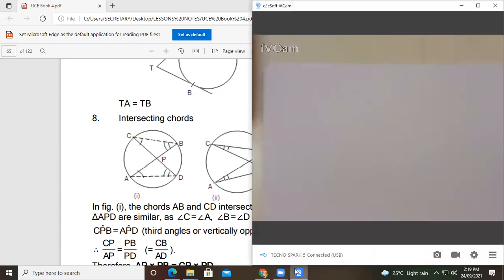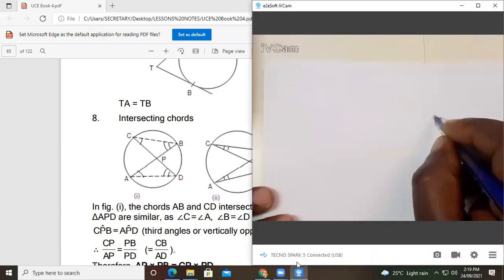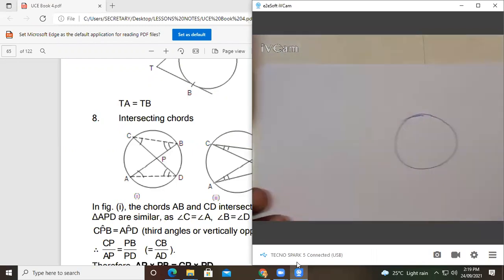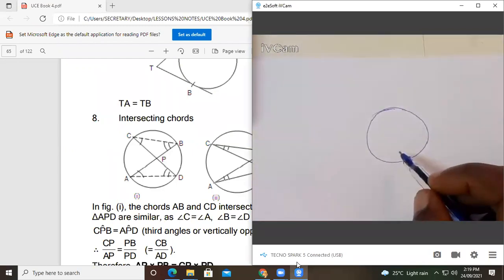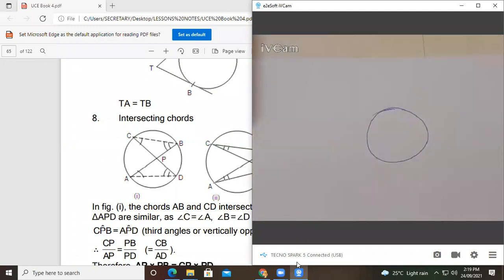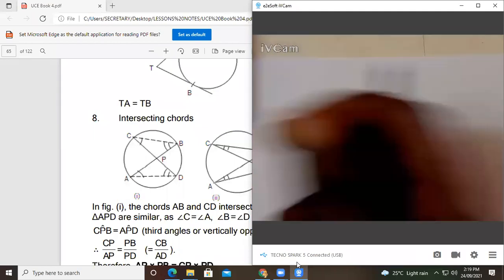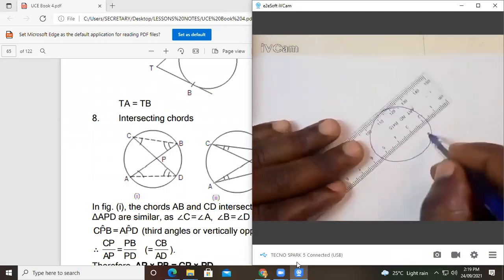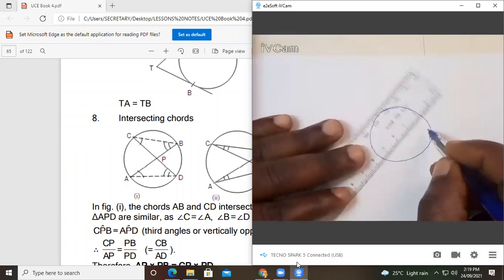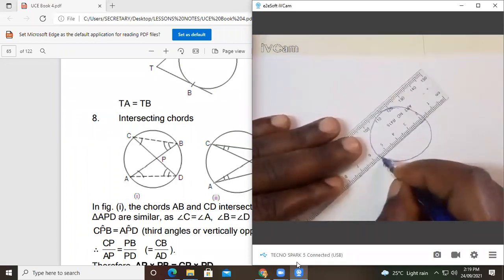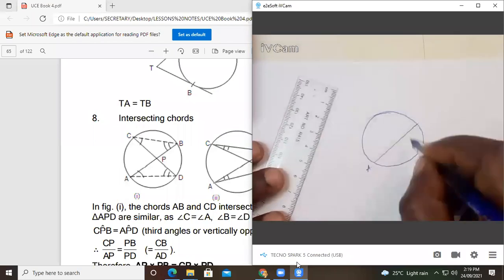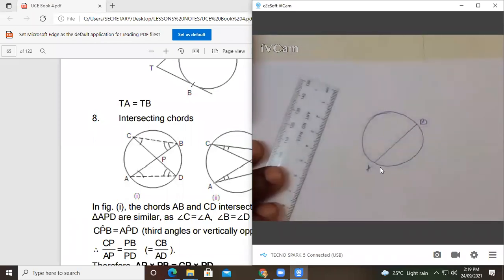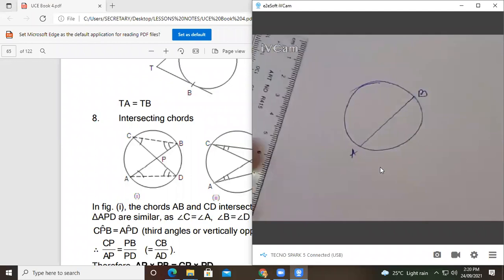So just for people to understand what a chord is, if you have a circle that is drawn there like that, you can have a chord running from one point on the circle to another point on the circle. So we can have a line that is drawn from this point to that point. So this is AB. So it means that AB is a chord. AB is not a diameter. So that is a chord.